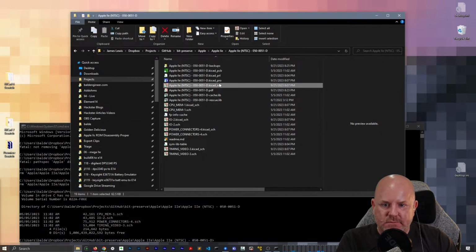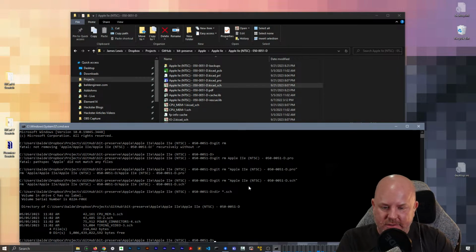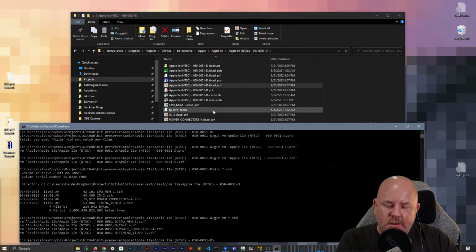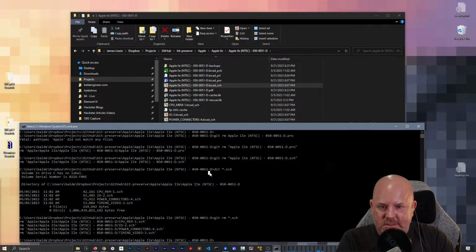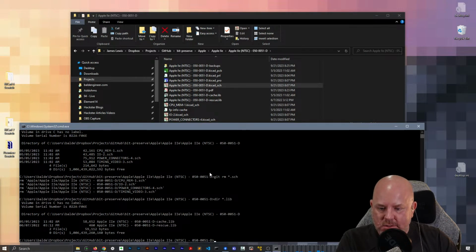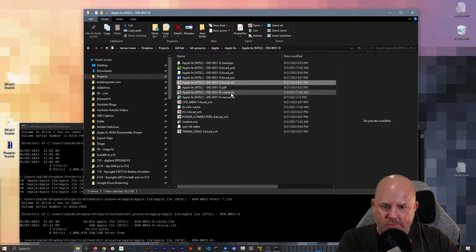Actually, I think we want to delete all the schematic files because everything now is KiCad schematic. So we can do git rm startup schematic. And then what do we have that's .lib? I'm pretty sure we can delete both of these lib files.